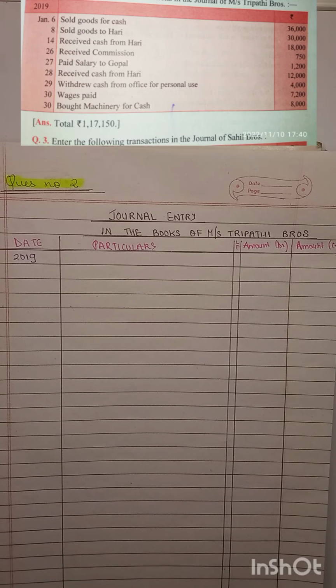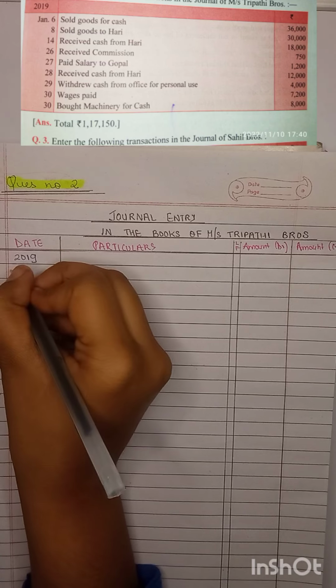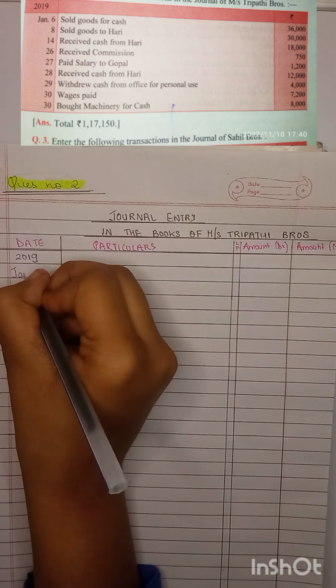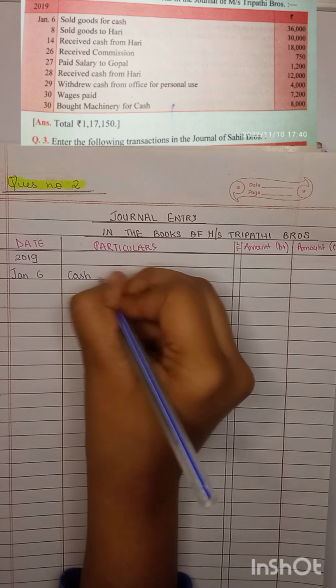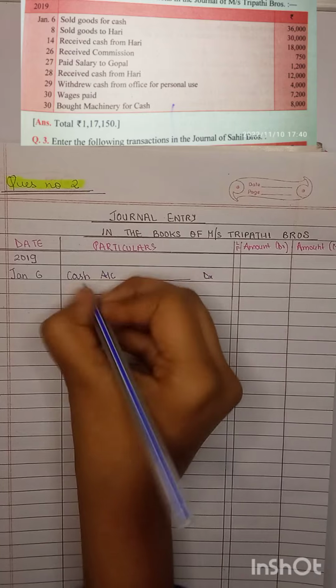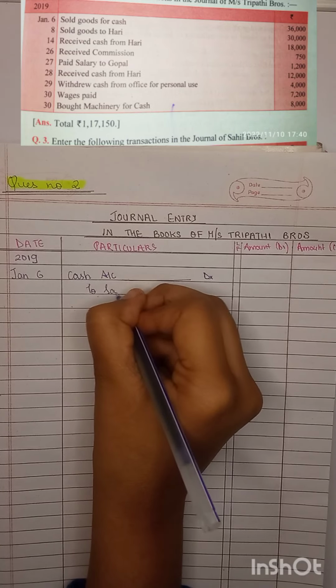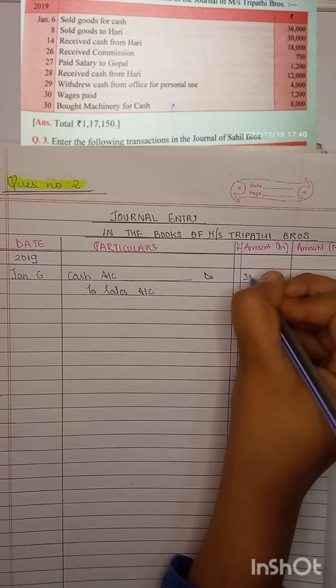January 6, sold goods for cash. Here our entry will be cash account debit to sales account. First we will write here date January 6 and cash for rupees 36,000.